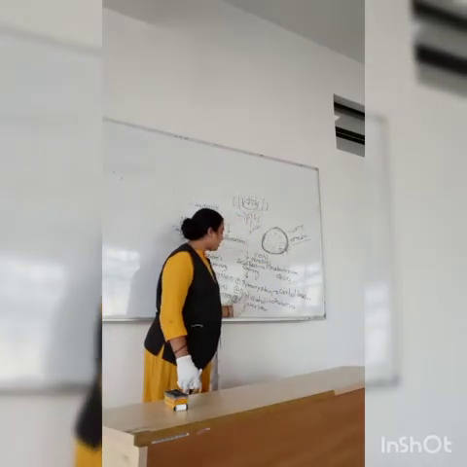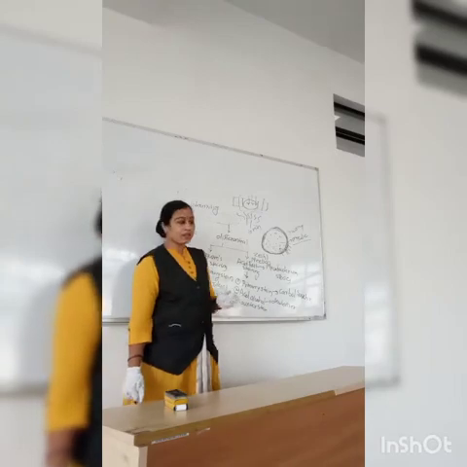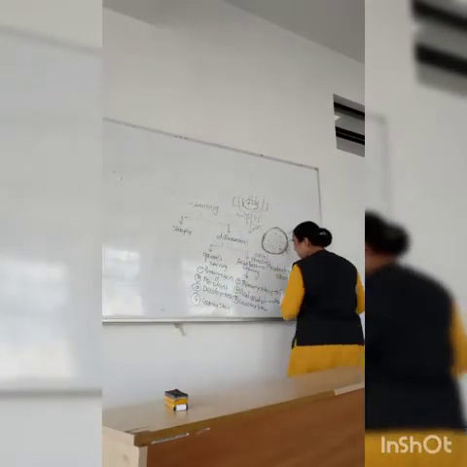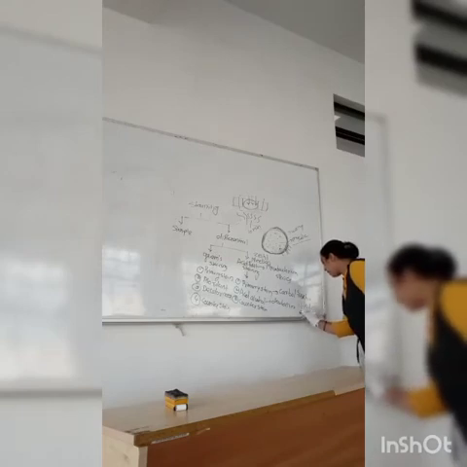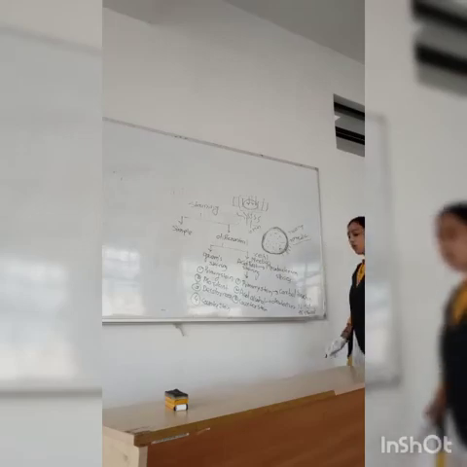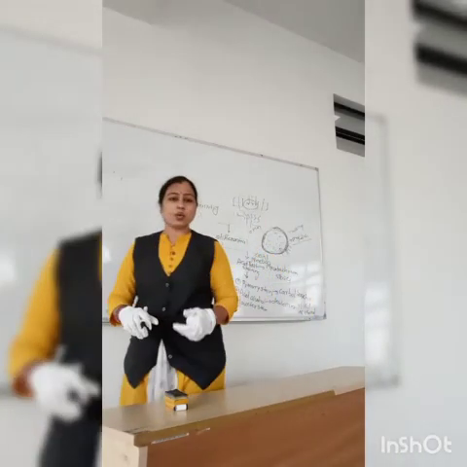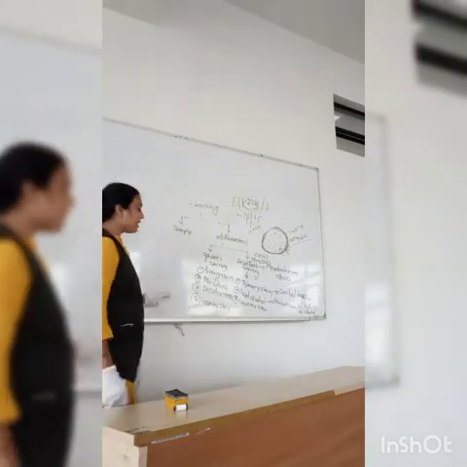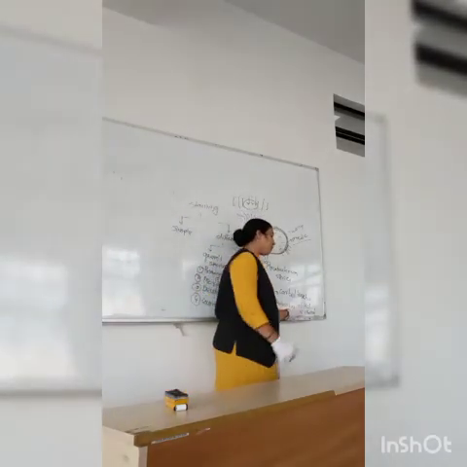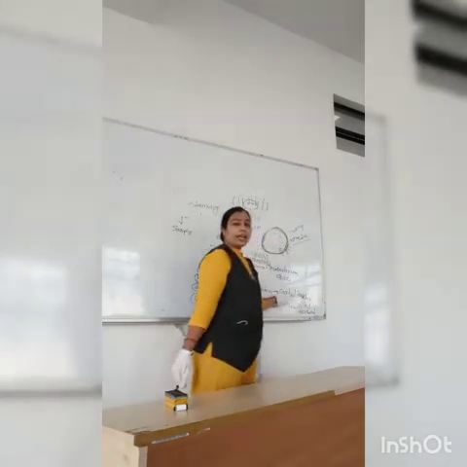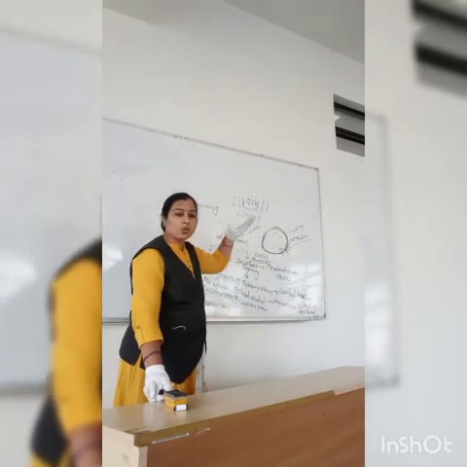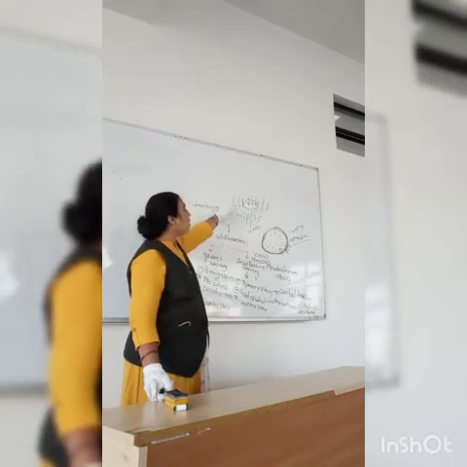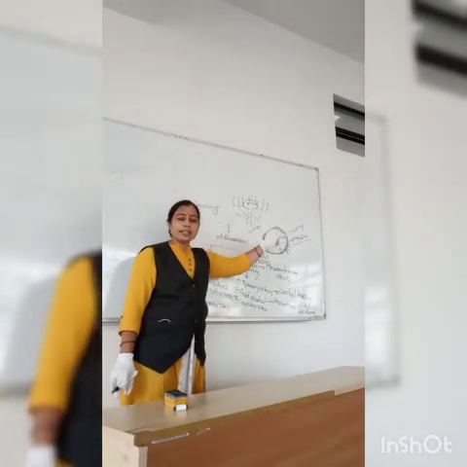Now we are using the acid alcohol, the decolorizer. What is the composition of acid alcohol? We are using 3% HCl and 95% ethanol. We apply it on the slide: we heat the slide, cool it down, and after that use the acid alcohol as a decolorizer.